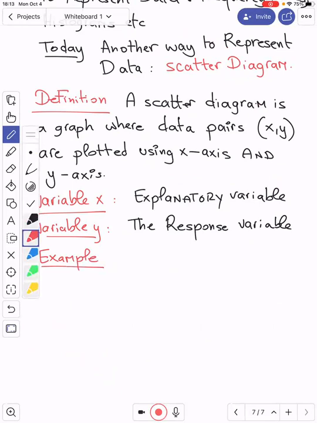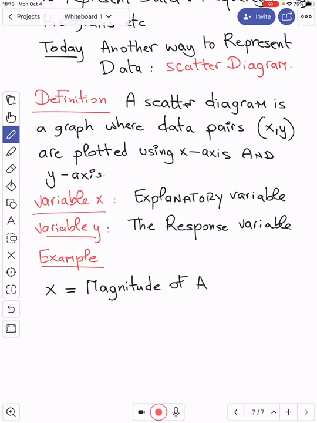So for example, let's say x, the variable x, is the magnitude of an earthquake.